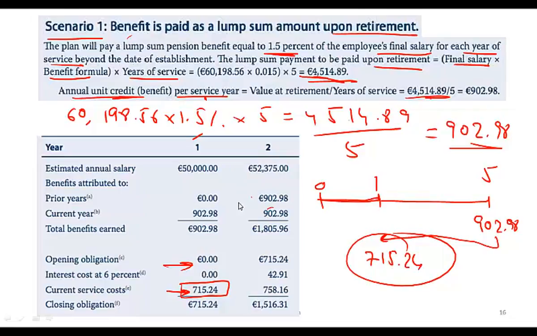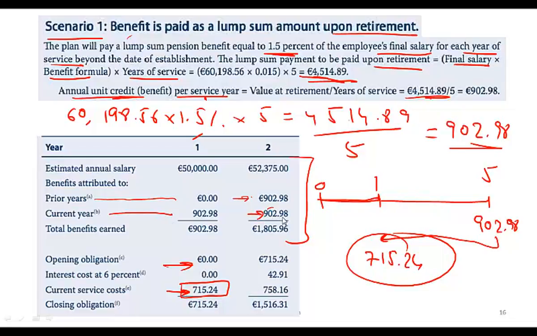What happens in year 2? Notice the top segment of this picture is undiscounted numbers. This row over here shows how much is being carried forward from previous years. In year 2, we only have the 902.98 from year 1. And then the second 902 represents the amount that's earned in the current year.